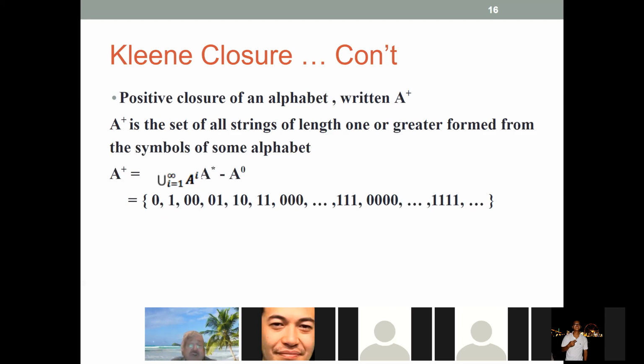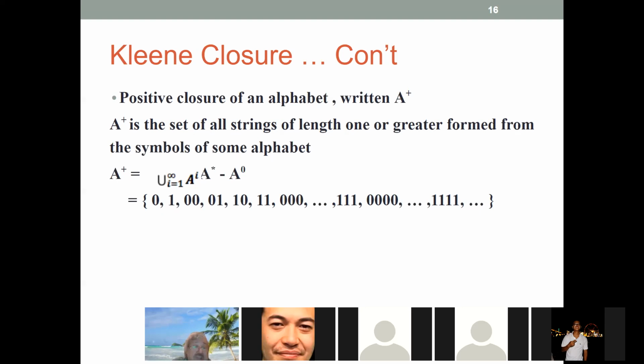So the positive closure of an alphabet, A plus, it's the set of all strings of length 1 or greater formed from the symbols of some alphabet. A plus is the union as i goes from 1 to infinity. Careful. The Kleene closure, we went from 0 to infinity. Now we're going from 1 to infinity of A to the i-th power.